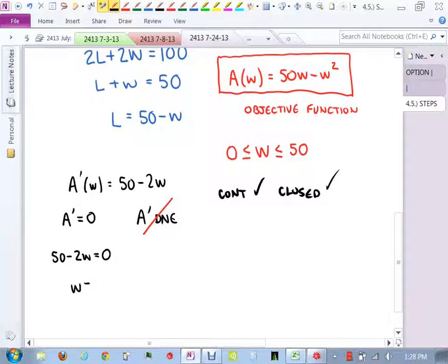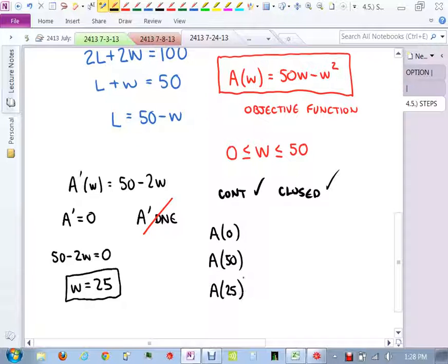You get W equals 25, right? So that is a critical number. Does it live inside of our interval? Yes. Okay? So all I have to do now is evaluate the original area function there and at the endpoints, right? So I need A of 0, A of 50, those are my endpoints, and A of 25.